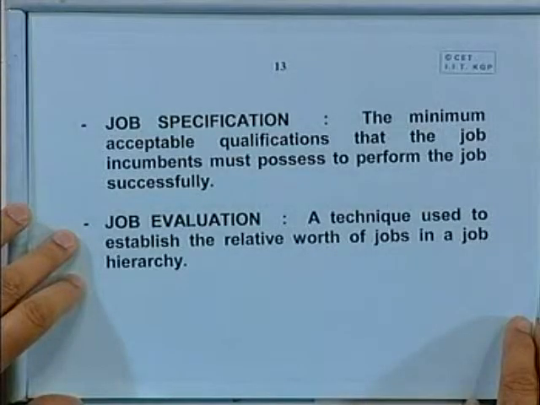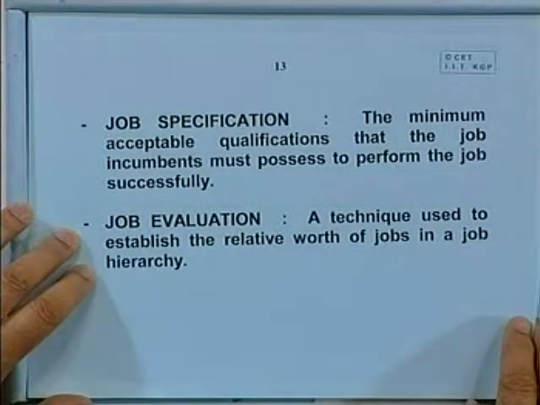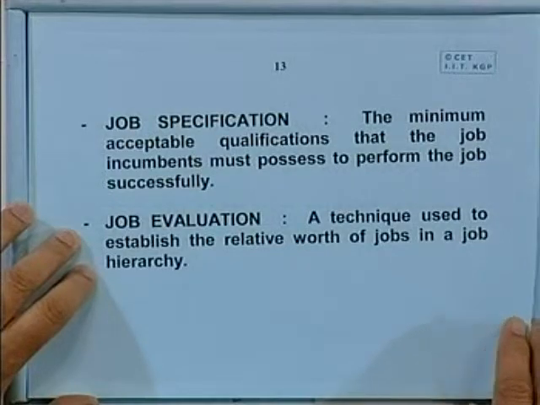Job specification, on the other hand, is the minimum acceptable qualifications that the job incumbents must possess to perform the job. So this is relating to the person. And job evaluation is again relating to the job, not the person. A technique used to establish the relative worth of jobs in a job hierarchy. Okay?